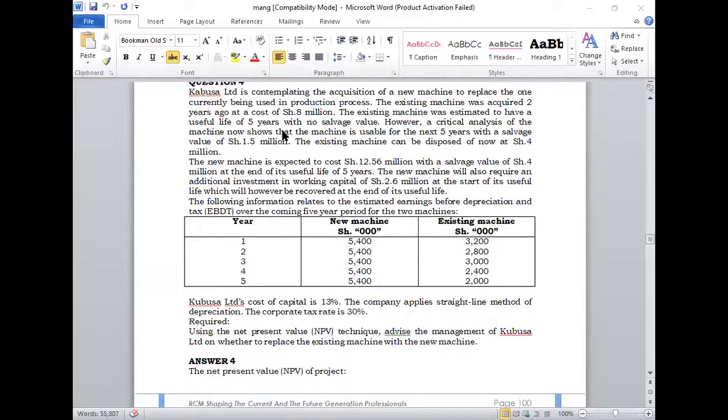Leave alone this other paragraph which could really confuse you. It will be coming in later, when we'll be computing depreciation for purpose of comparing. This one says a critical analysis of the machine now shows that it is usable for the next 5 years with a salvage value of 1.5. Leave this one.